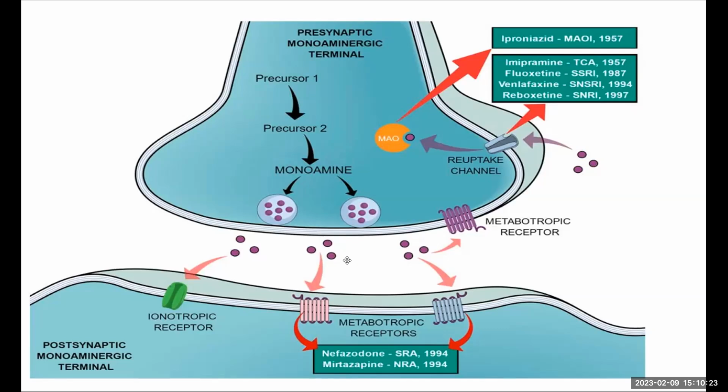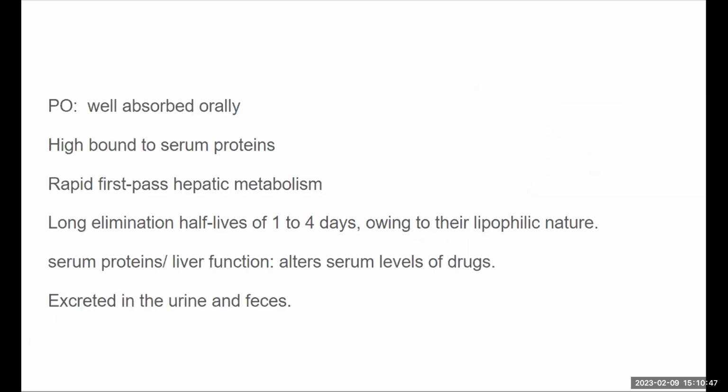This is how the concentration of the monoamines in the synaptic cleft is increased, with increased effect on the postsynaptic neuron. The TCAs act on the reuptake channels. They block these channels so that the monoamines stay in the synapse for a longer time and act on the postsynaptic receptors.